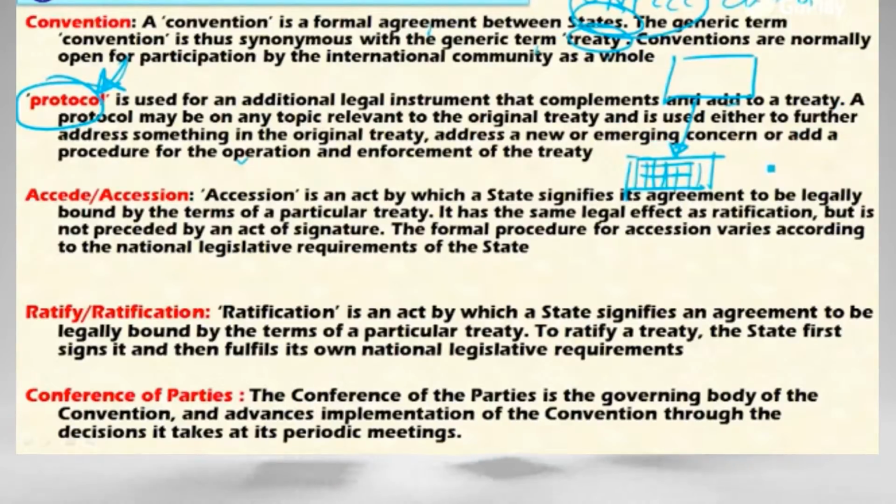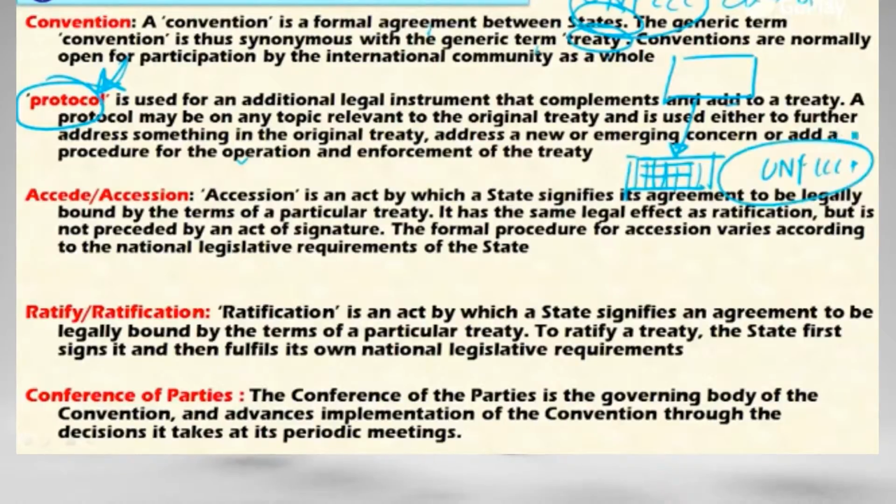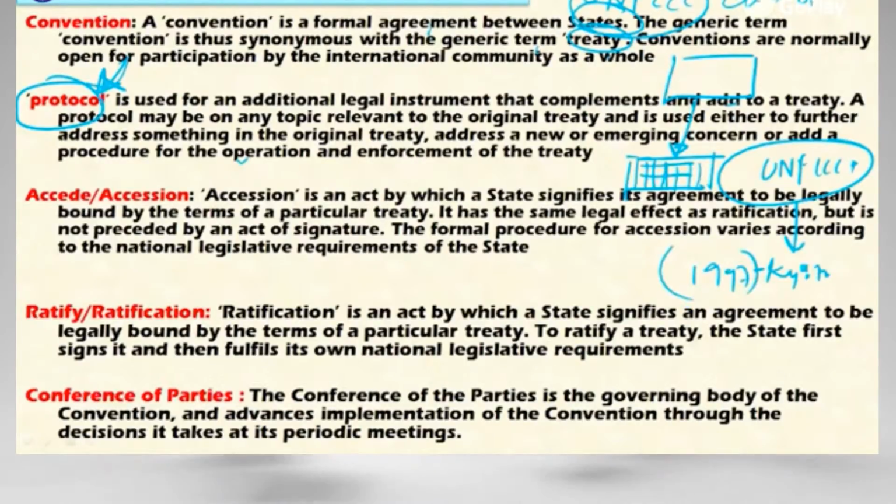For example, the United Nations Framework Convention on Climate Change is a broad framework for the control of climate change events. For this convention there is a protocol called the Kyoto Protocol, which was formed in 1997. Under this protocol the nations decided to put restrictions on the countries regarding greenhouse gas emissions.